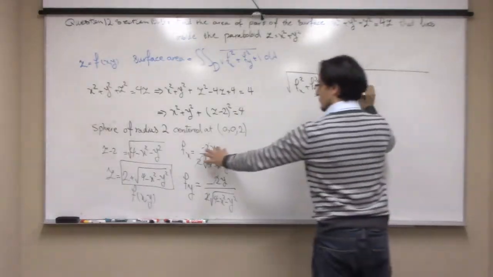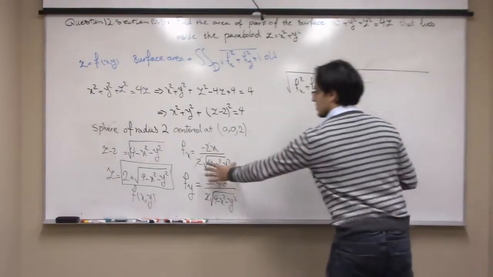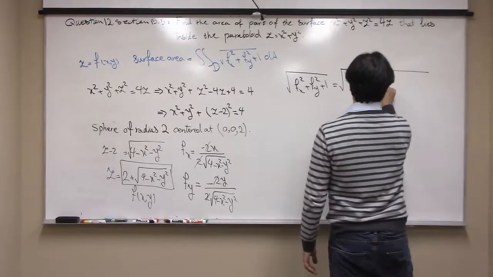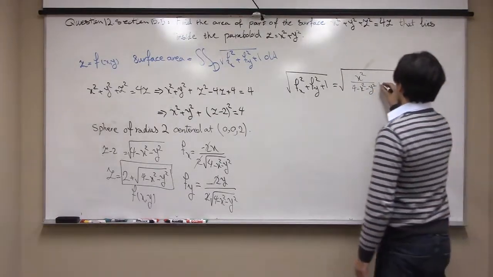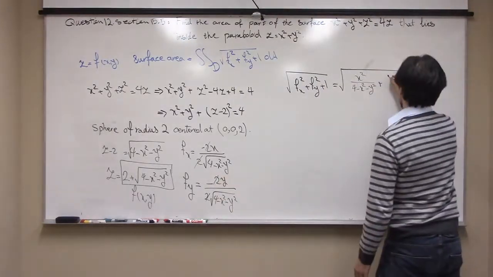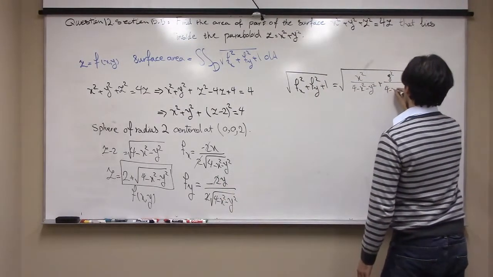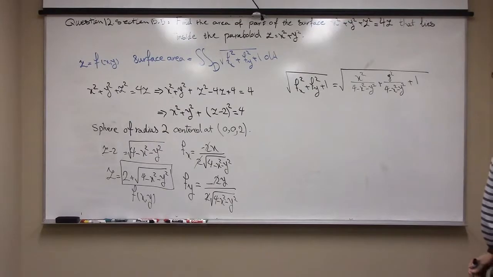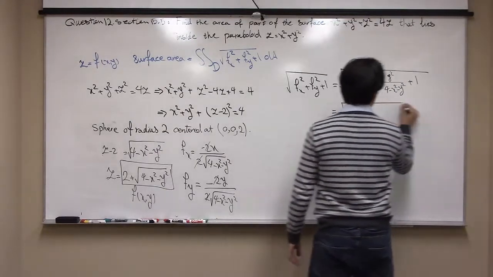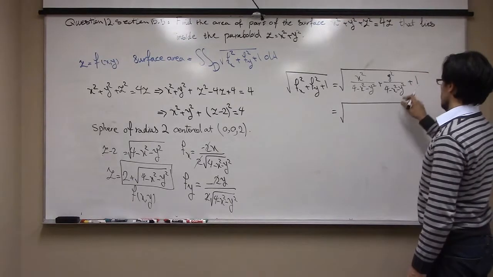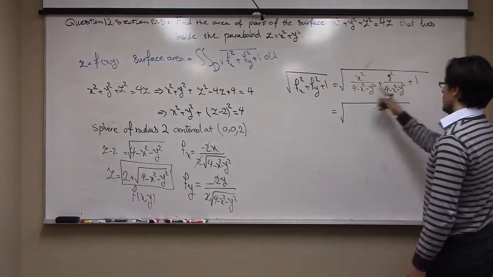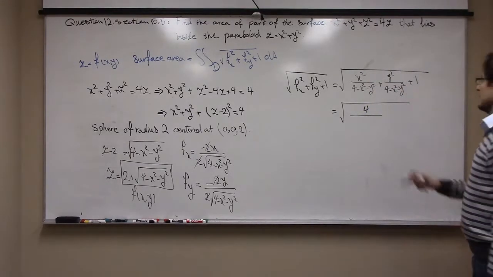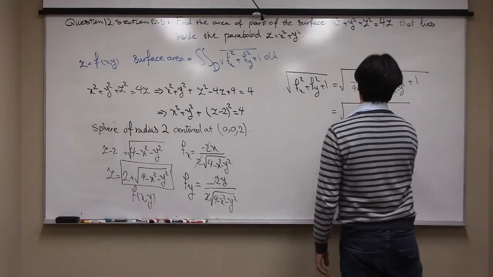Then the square of negative x is x squared over the square of the square root, which is what we have inside, plus this squared, which gives y squared over 4 minus x squared minus y squared, plus 1. You find a common denominator, and you will have x squared plus y squared plus this guy, so in the numerator I'm going to have 4 only, and in the denominator 4 minus x squared minus y squared.